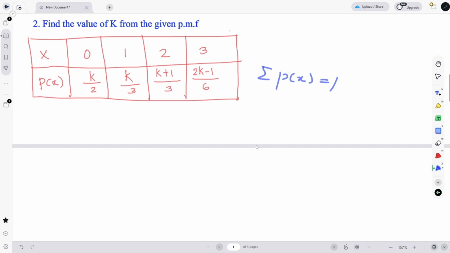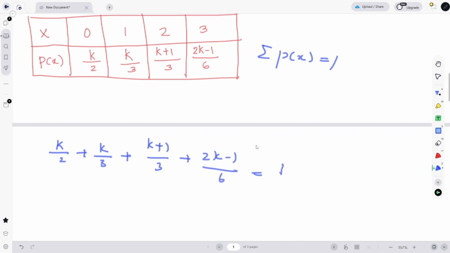So from this we can write k by 2 plus k by 3 plus k plus 1 by 3 plus 2k minus 1 by 6 equal to 1. Adding these should be equal to 1 because the sum of probabilities is always equal to 1.